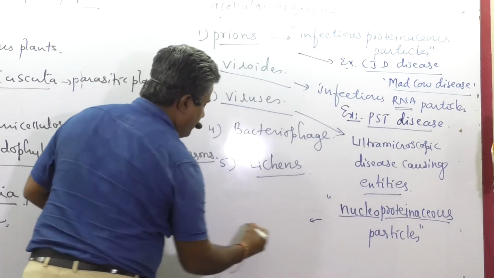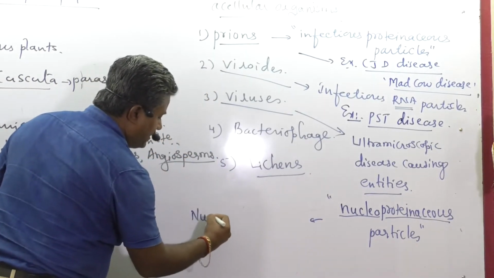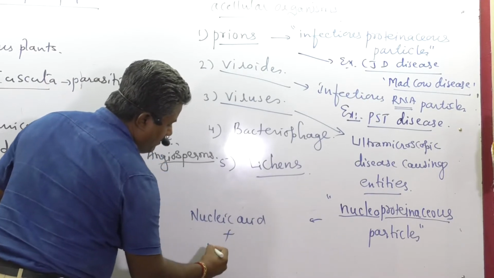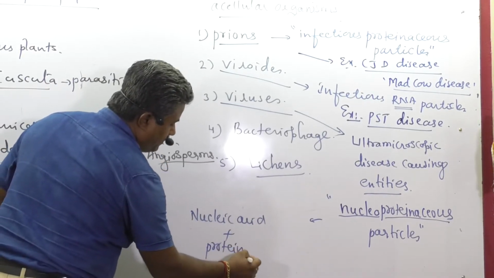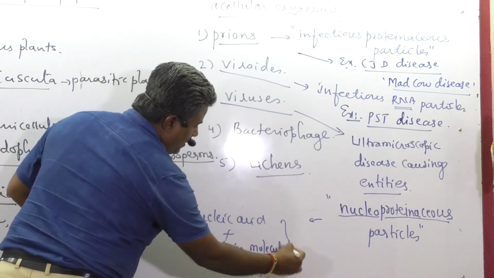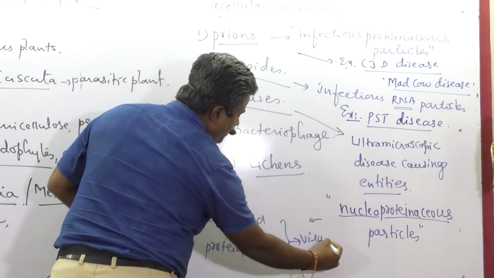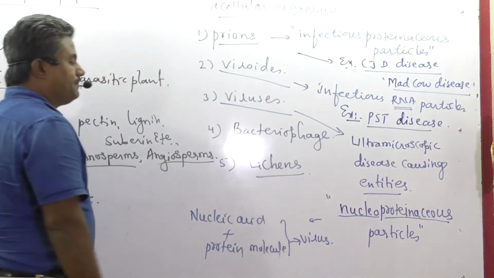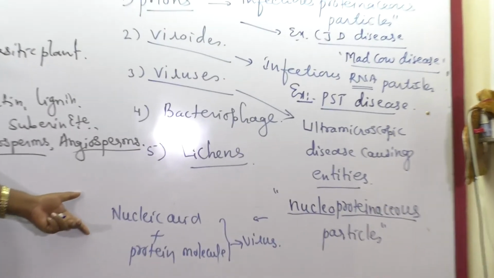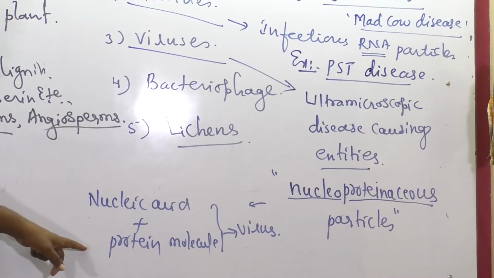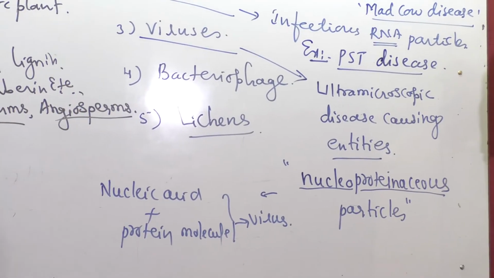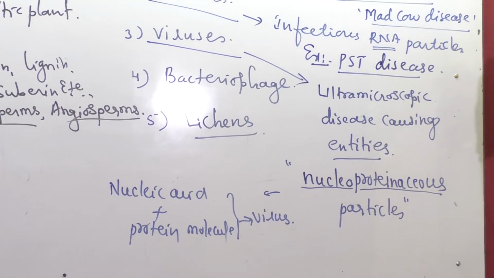Here you can see one nucleic acid plus one protein molecule. Together, that is known as what? Virus. Composition is: any one nucleic acid is there, along with it a protein molecule joins, and then a virus particle develops.